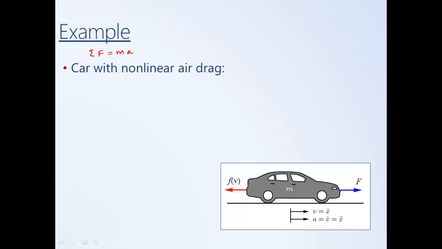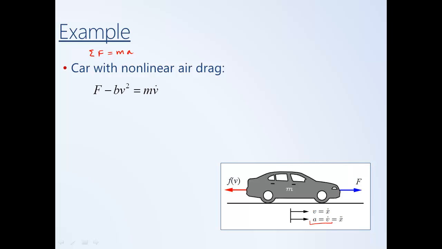So the forces acting on the car are the tractive force, in essence the force being generated between the road tire interface, and then the air drag. And those equal mass times acceleration, where acceleration is the first derivative of velocity. So this differential equation models this car, and as you can see, it's nonlinear because of the air drag.